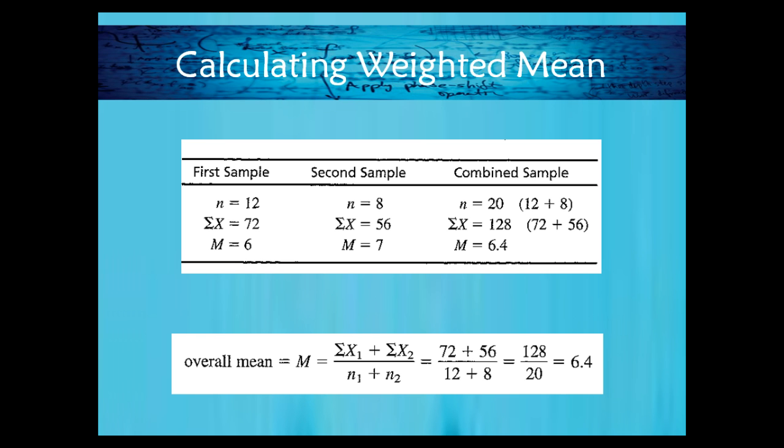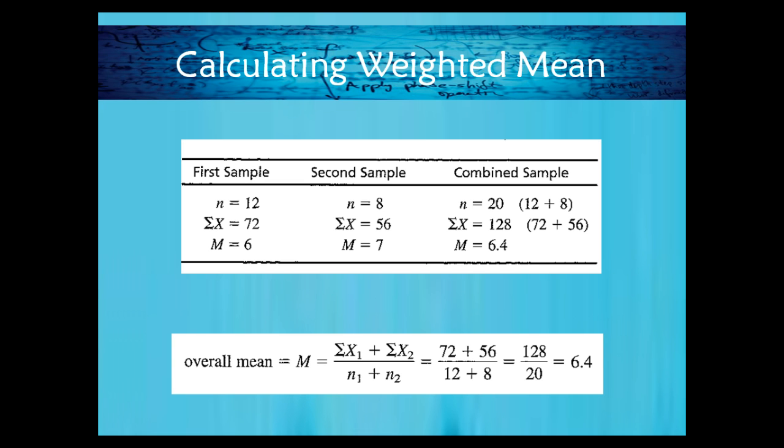Calculating a weighted mean, just a quick worked example. The first sample has n equals 12. The second sample, n equals 8, gives you a combined n of 12 plus 8, so 20. The summation of x is 72. The summation of x for the second sample is 56, so the combined summation of x is 128, or 72 plus 56. The mean for the first sample is M equals 6.